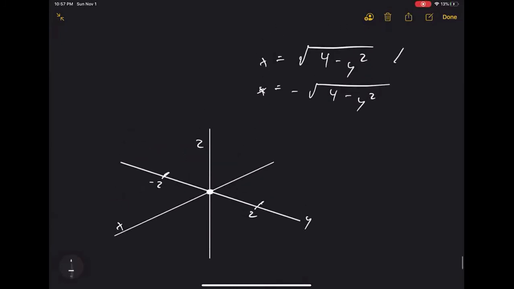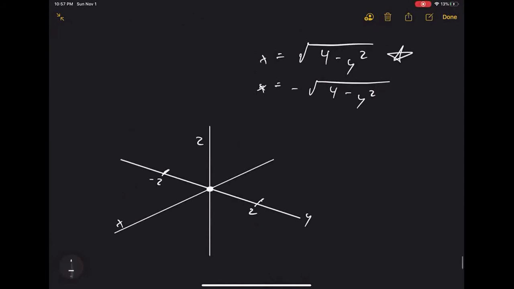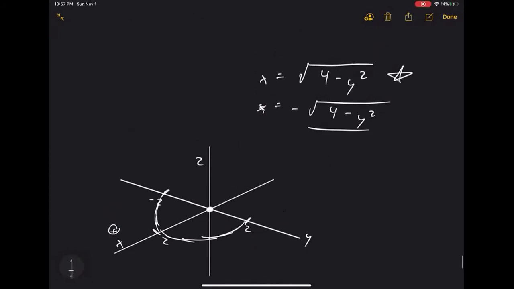This curve here, what is 4 minus y squared? Well, if this is the positive side of x, that would be this top half of a circle, and then this would be the bottom half of that circle.